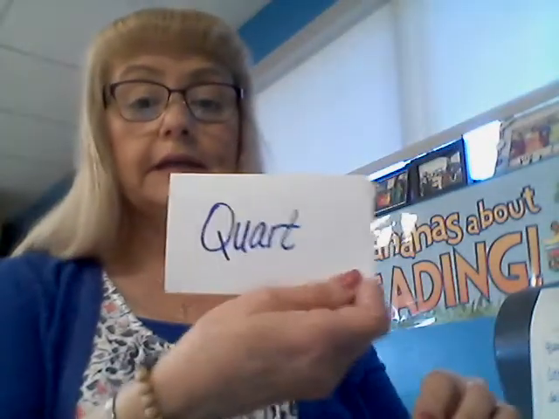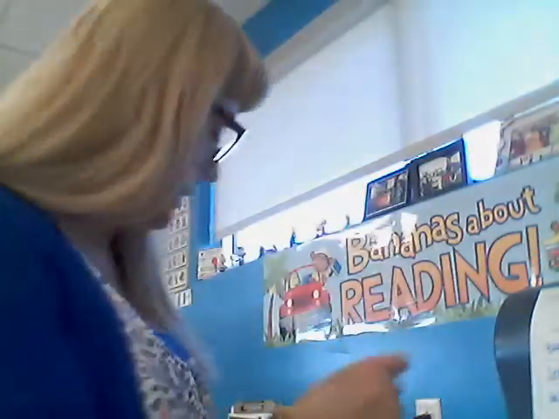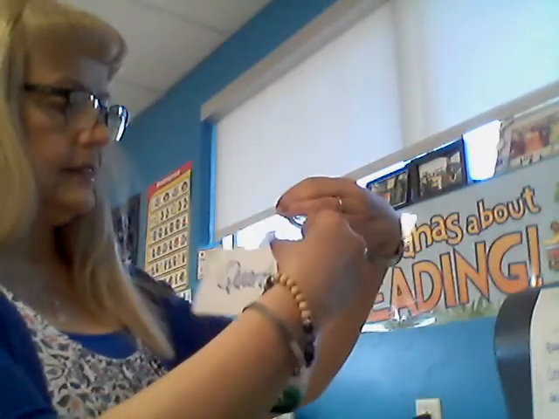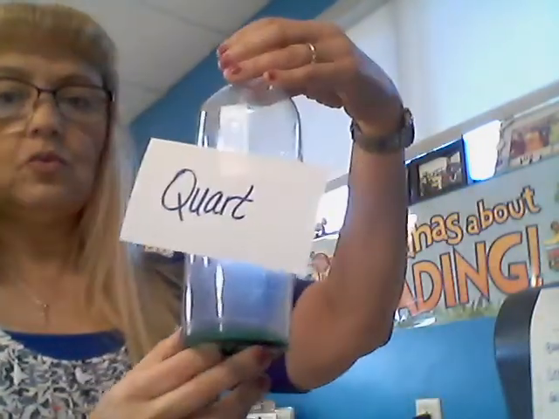Yeah, there are some special juices that you'll see at the grocery store, like ready-made smoothies and stuff like that. Yeah. So this is a quart, and here's the word quart. So I'm going to put a sign on that. Okay, just like this. Okay, so this is the quart.